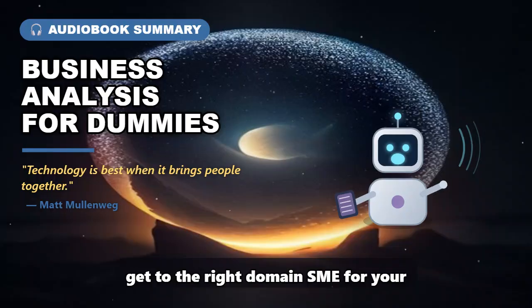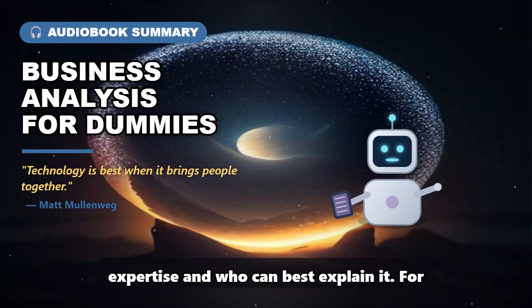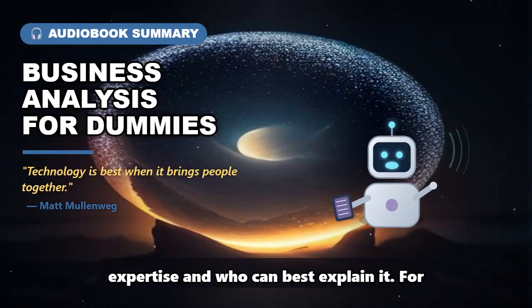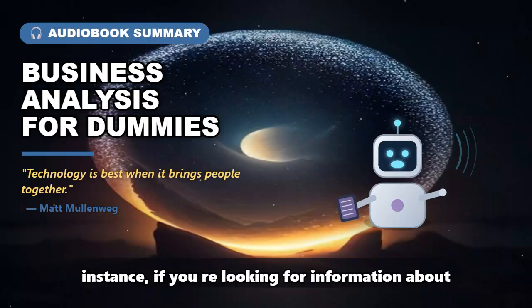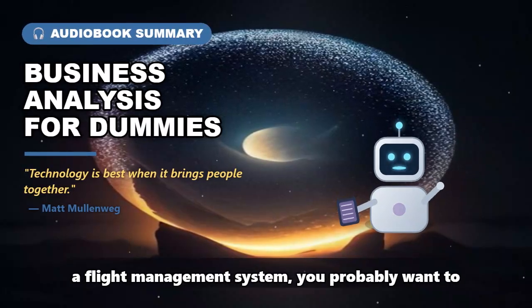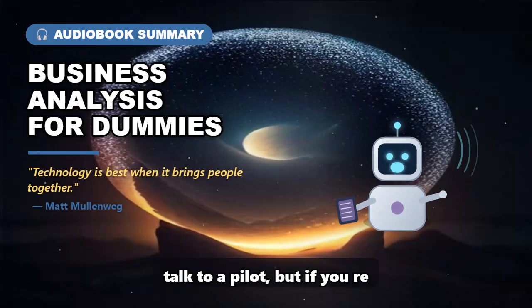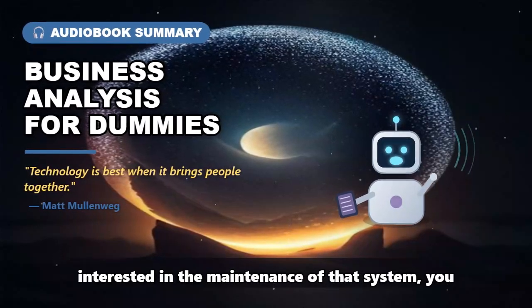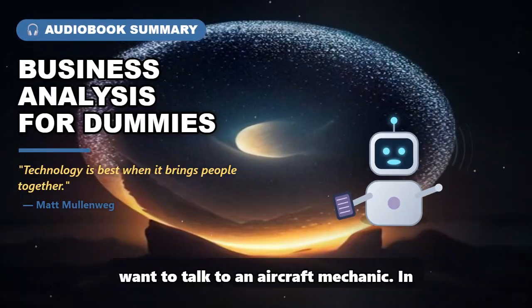To get to the right domain SME for your project, make sure you understand the subject matter expertise and who can best explain it. For instance, if you're looking for information about a flight management system, you probably want to talk to a pilot, but if you're interested in the maintenance of that system, you want to talk to an aircraft mechanic.